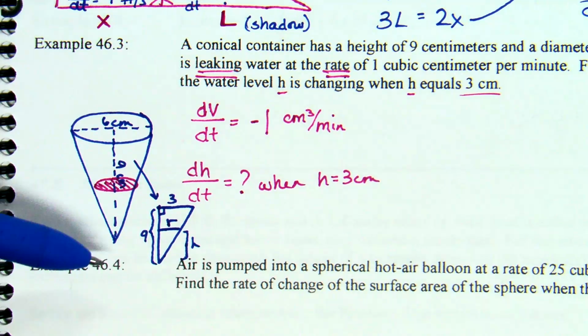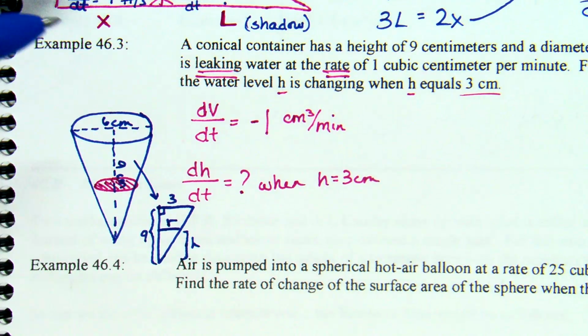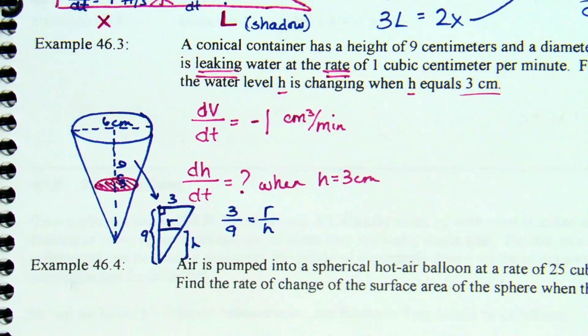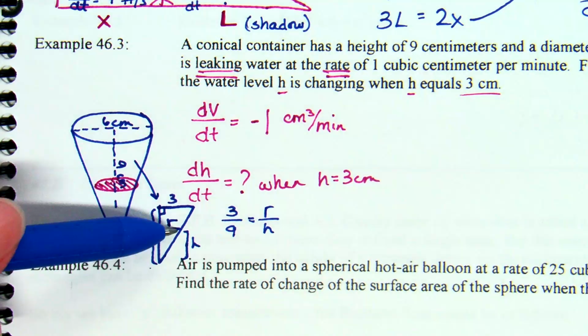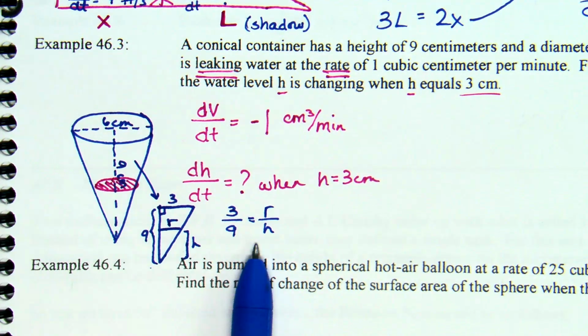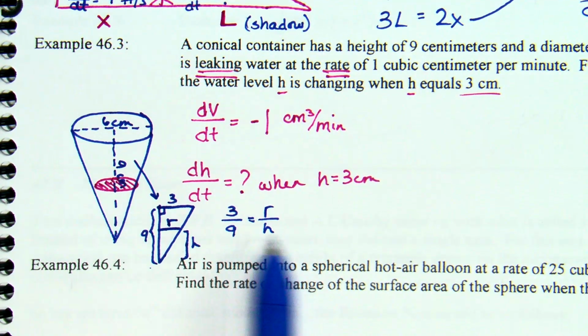So if we set up proportions here, you would say 3 over 9 equals r over h, because 3 from the big is the radius, 9 is the height, and then radius over height. I am a step ahead of myself, I just realized. This shows us the connection between r and h, but you don't know which one you need to solve for yet. So we'll come back to that in a moment.